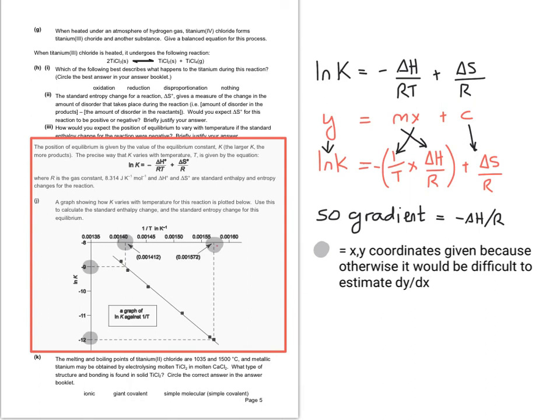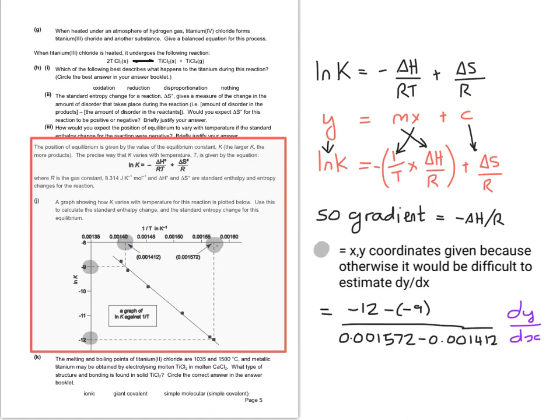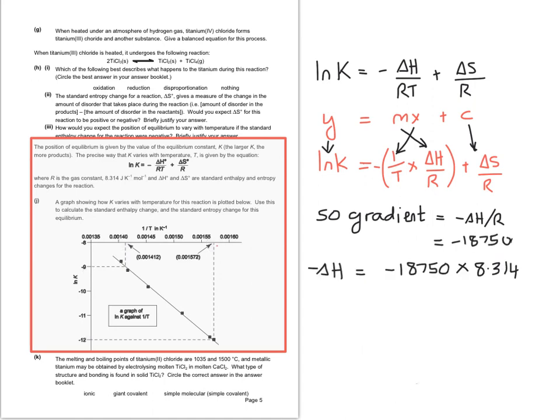On the graph you're given some x and y coordinates to make it easy for you, because obviously to get the gradient you have to do dy over dx. So you can put them in like that, which in turn gives us 18750 as our gradient.